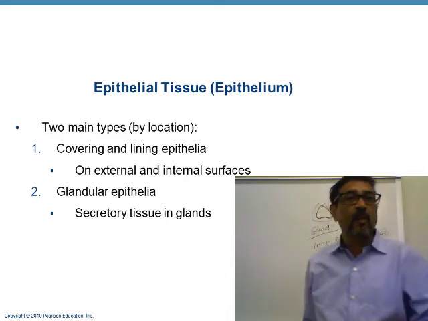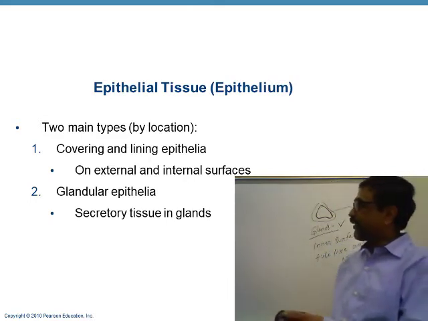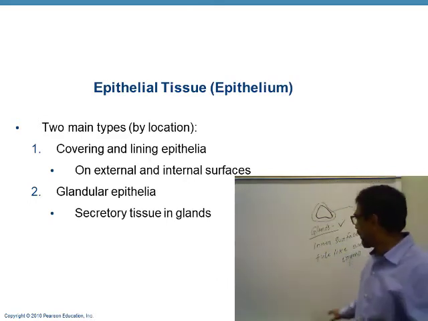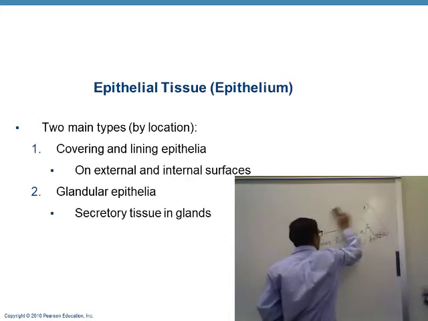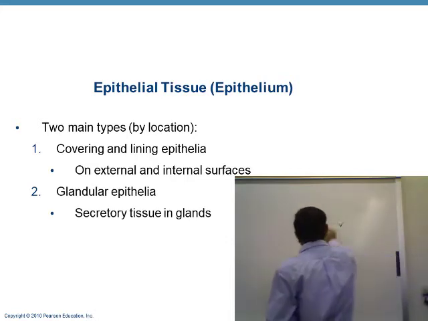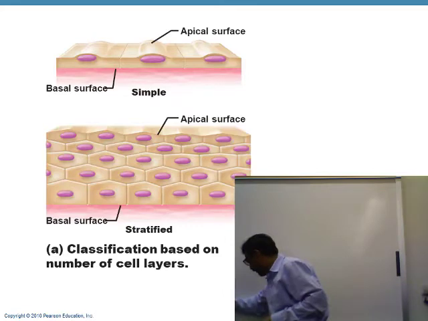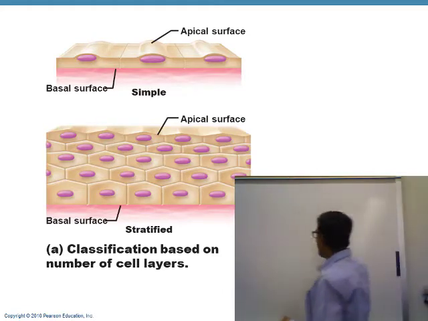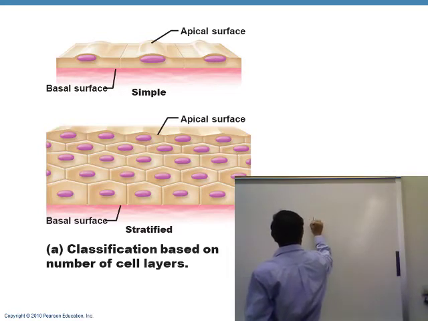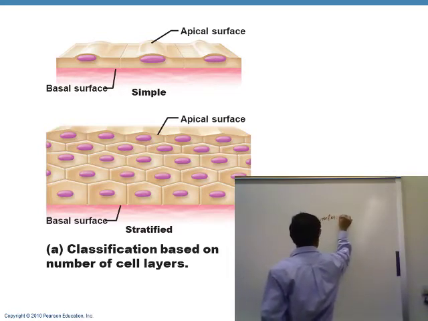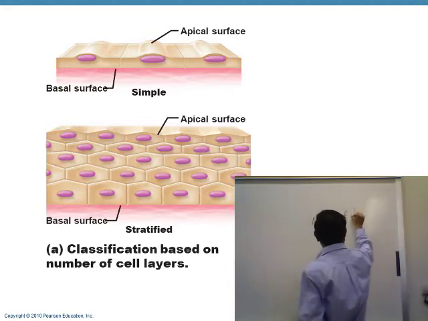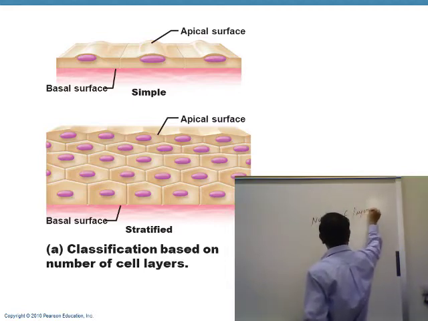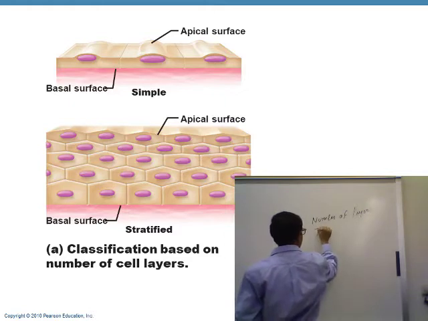There is another way we can classify the epithelial tissue that you have already learned in the lab part. That is actually based not on the location but on the number of layers and shape of the cell.